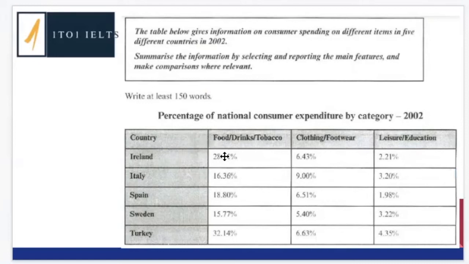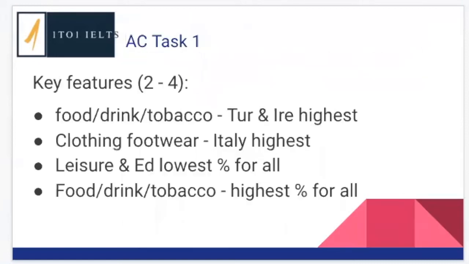Food, drinks, and tobacco has the highest. When we're organizing this, do you think we should talk about the general things first or the specific things first? When you're writing an overview. Yeah, general first.